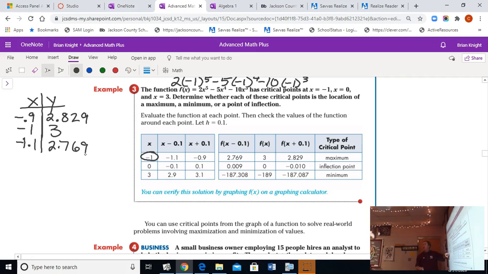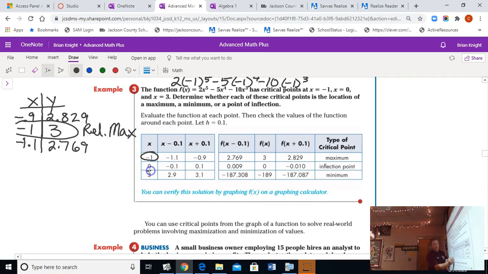Both those numbers are bigger or smaller than 3? They're both smaller, so that means this point must be a maximum. Okay? Relative maximum. That makes sense? Okay? And then they do it with all 3 of them.